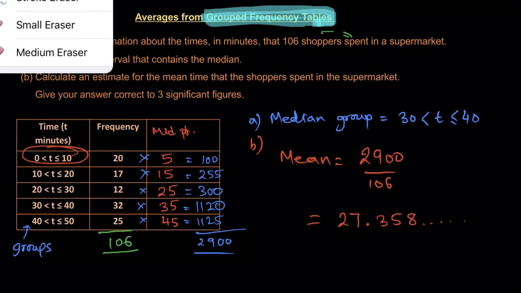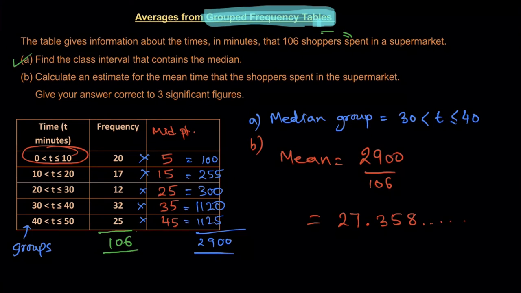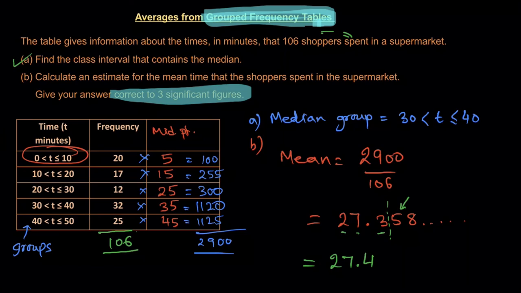Now my question is telling me to give the answer to 3 significant figures. So I can see my 3, first, second and third. These are my 3. So up to that point I need my answer. You can see the next value is 5, so this will round up. So my final answer is 27.4 minutes.